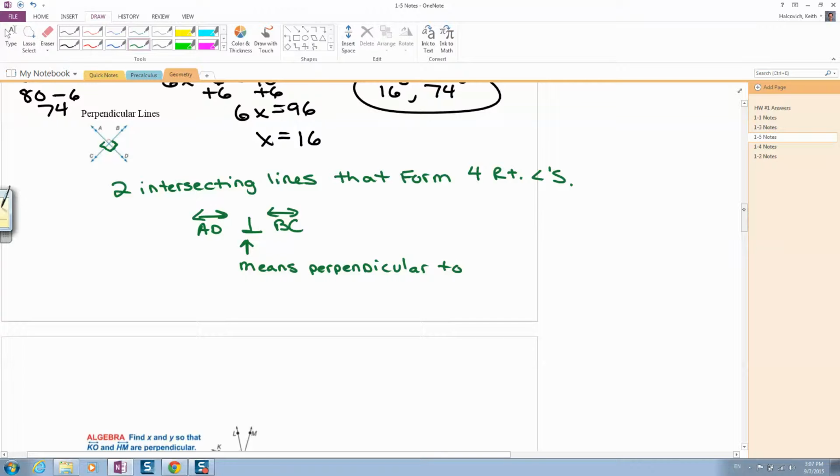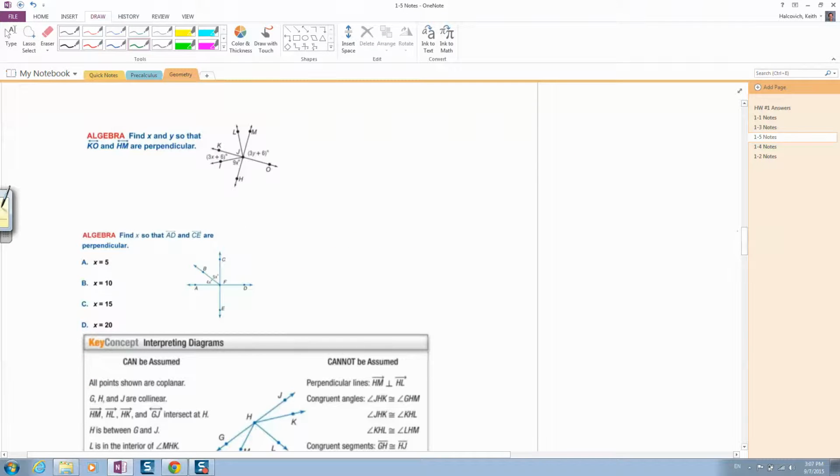All right. So moving right along here, if you want to find x and y so that KO is perpendicular to HM, that means this is a right angle, so 3x plus 6 plus 9x equals 90. So 12x plus 6 equals 90. 12x equals, if you subtract 6, 84.